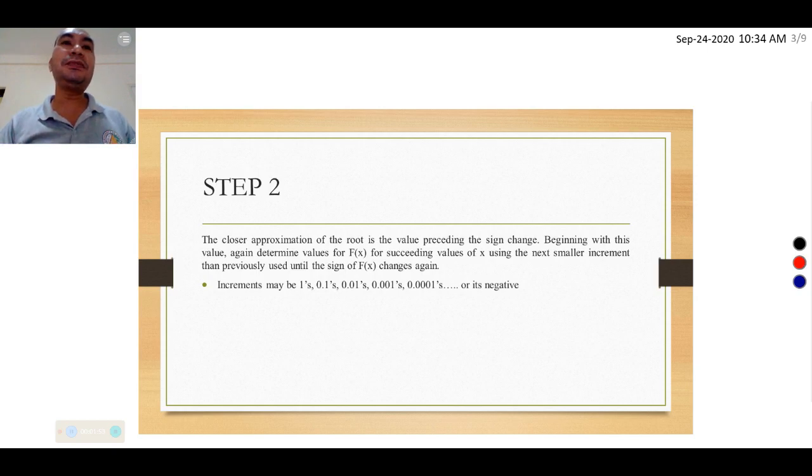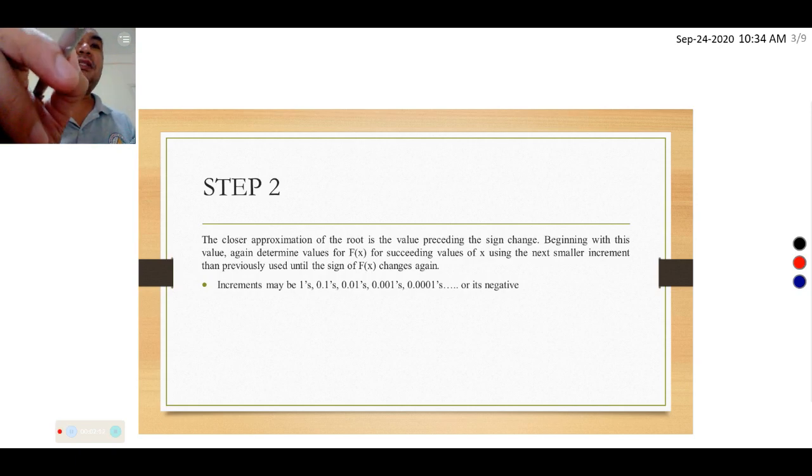So beginning this value again, we determine the value of f of x for the succeeding values of x using the next smaller increment than previously used until the sign of f of x changes again.